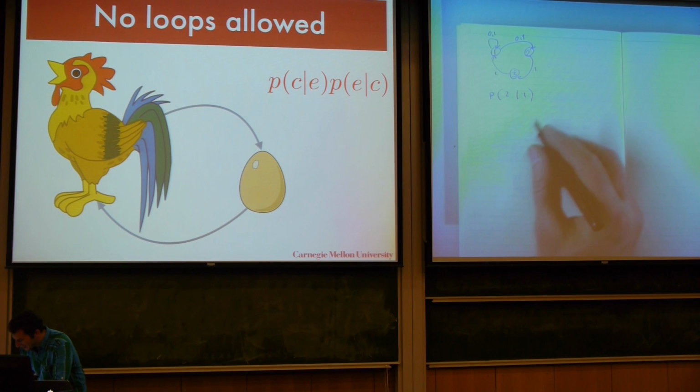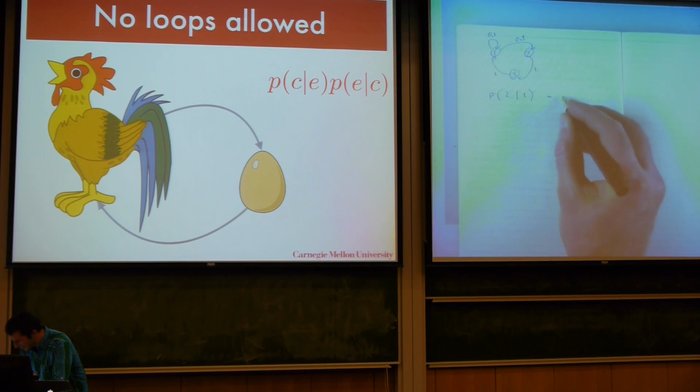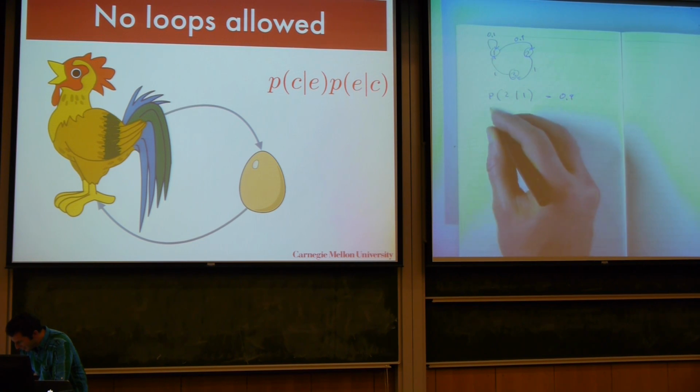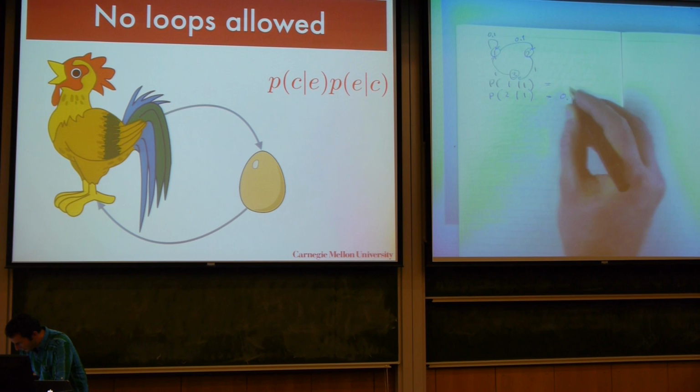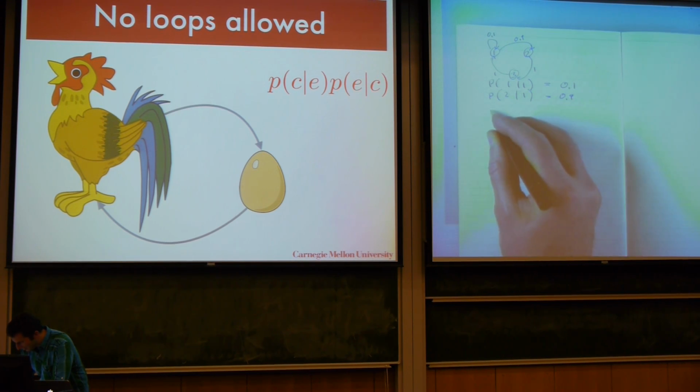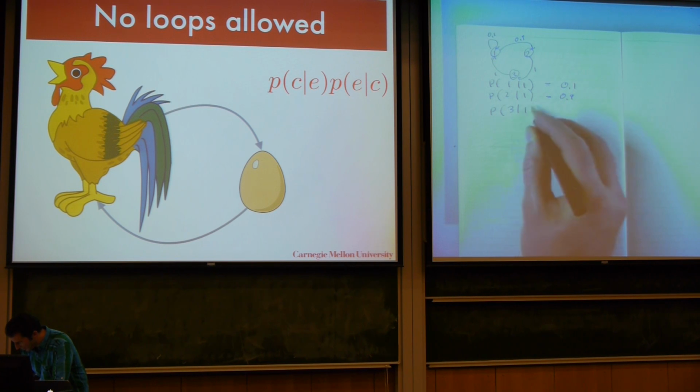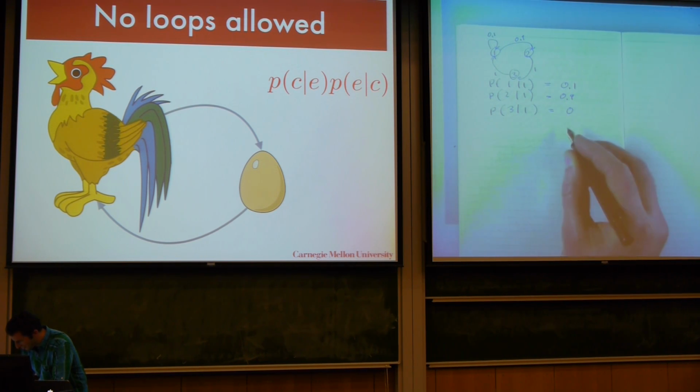Maybe that helps. So what you would get is P of 2 given 1 would be in this case 0.9. P of 1 given 1 would be 0.1. And P of 3 given 1 would be 0.